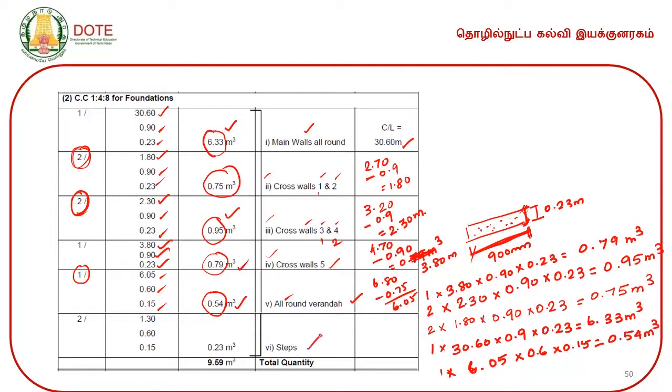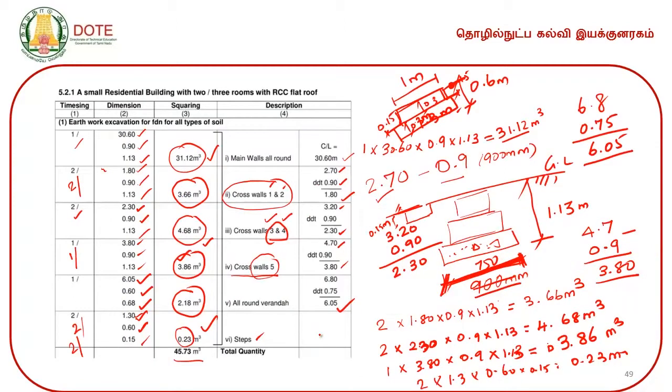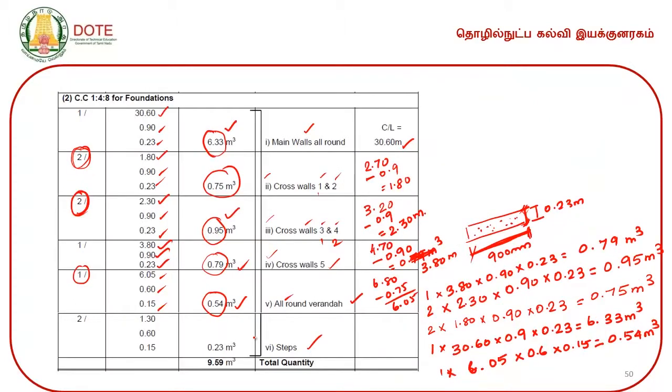Then steps. The same way we calculated earthwork excavation, we calculate steps also. Steps 1.3 meter: from the door 1 meter, plus 0.15 meter on each side, totally 1.3 meter. Then breadth 0.6 and depth 0.15.